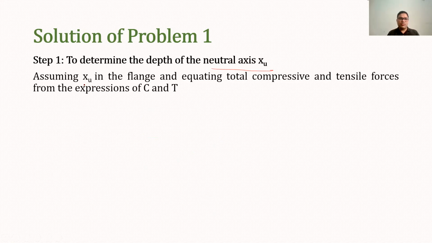So assuming the value of XU is in the flange, it means that XU is less than DF. With that I will equate the total compressive force with the tensile force from the expression of C and T. So I will show you the same formula in the IS code also.